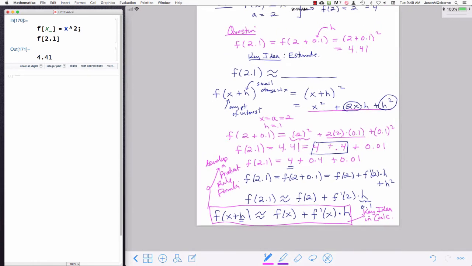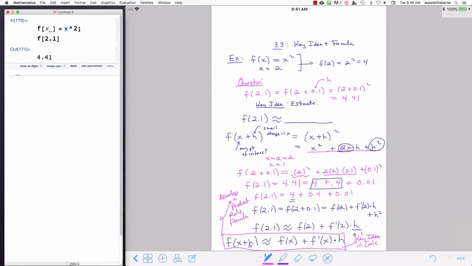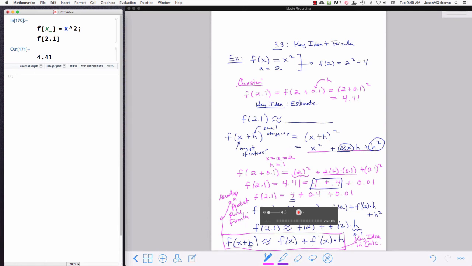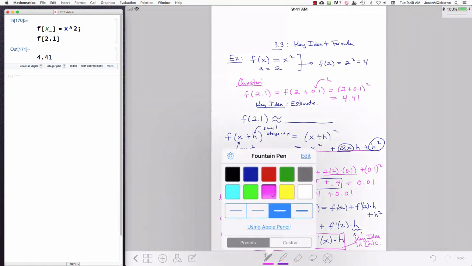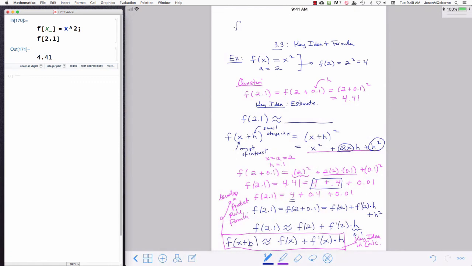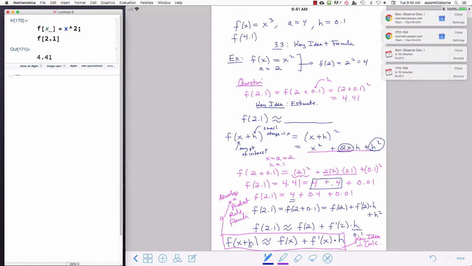So that's the end of this short video. I just wanted to kind of give a quick illustration of what this function was doing. You may want to try the same thing. If the function f of x is, say, x cubed, and you pick a specific value, say 4, and then you pick an h value of 0.1, can you show what the function evaluated at 4.1 is, right?